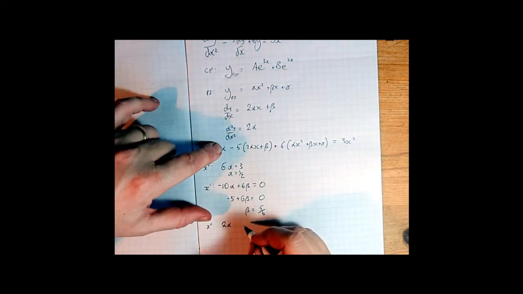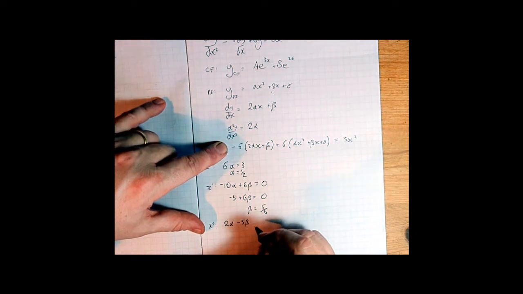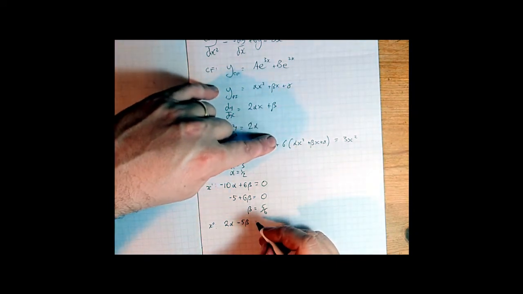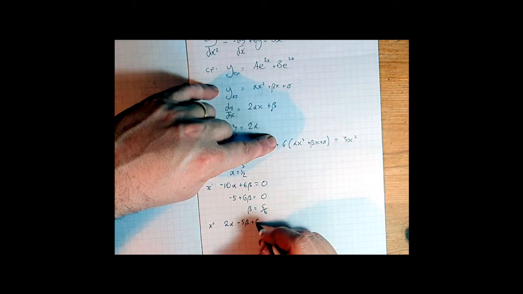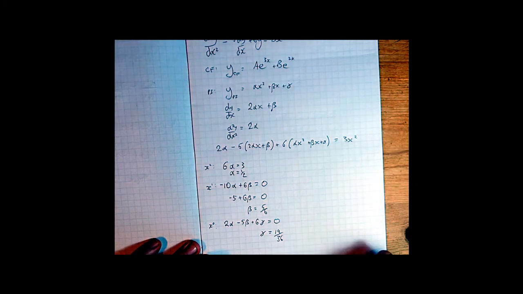And then if I compare my constants, 2 alpha minus 5 beta plus 6 gamma equals 0. That gives me gamma is 19/36.